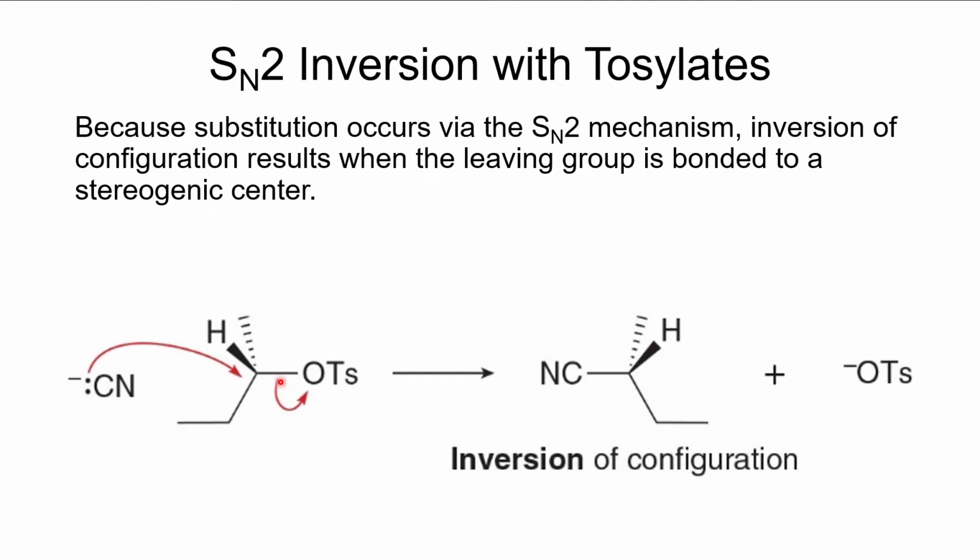So here, we've got a tosylate, a secondary tosylate, so we've got two alkyl groups on this carbon. In comes this cyanide ion. We get inversion of the configuration at that carbon, and the tosylate leaves. All right, so we get inversion when we do the SN2, just like we always do.